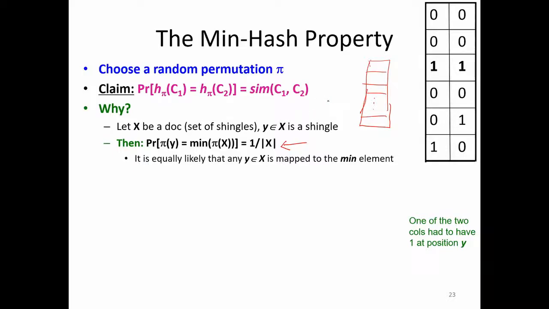You are permuting the shingles, so what is the chance that Y will be the first one? It's the same for each, because it's a random permutation. The chance that this shingle Y will end up in the first position among all the positions is basically 1 by mod of X.